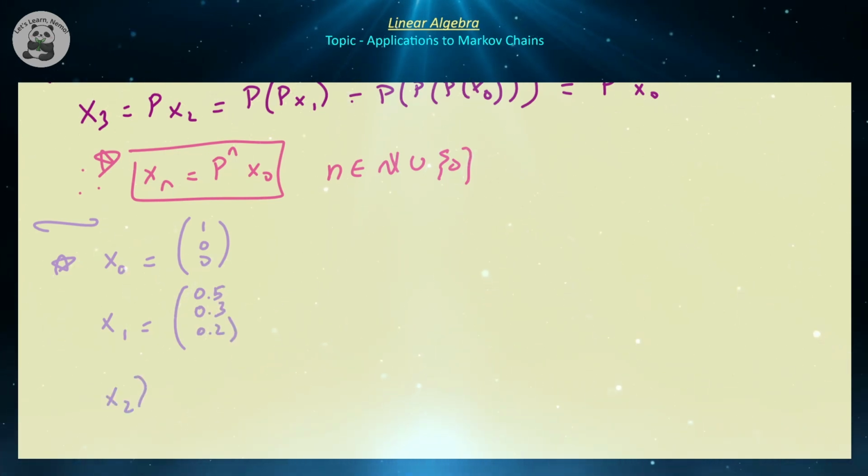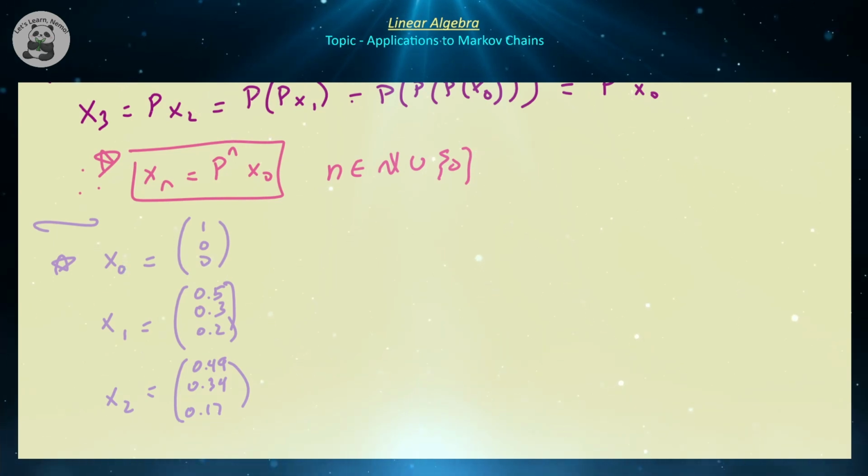We can easily calculate x2, as we've already mentioned, by multiplying this vector by p, which came out to 0.49, 0.34, and 0.17. So what if you were to do x3, x4, x5, x50, x5 million? Moreover, what about x infinity? What would x infinity be?